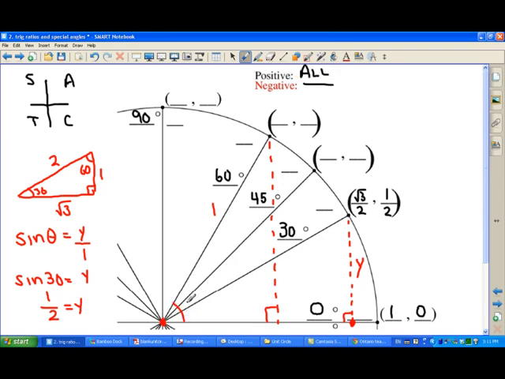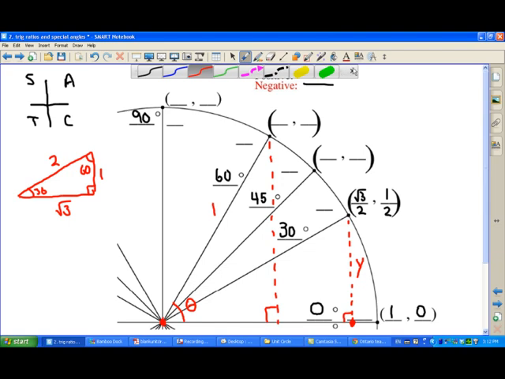While we're looking at the 30, 60, 90 triangle, I'm going to do the same thing with my 60-degree angle. So I'll drop an imaginary line down to the x-axis, create that right angle triangle with a hypotenuse of 1. If I want to find my length of side x and my length of side y, well, I can use my 30, 60, 90 triangle.